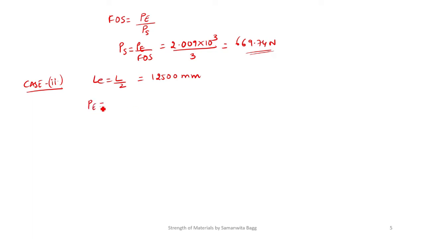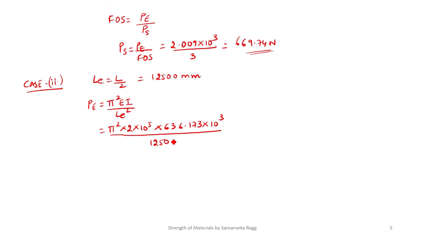Again the formula of PE is pi square EI upon LE square. So this will be pi square into 2 into 10 raised to 5, 36.173 into 10 raised to 3, and LE is from here.